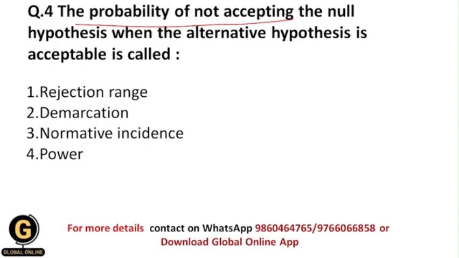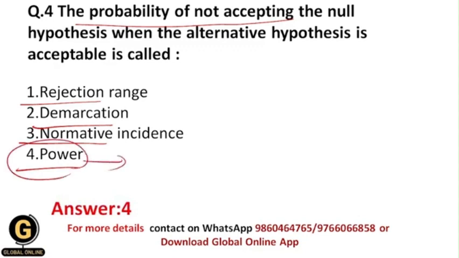So whether it is a rejection range, demarcation, normative incidence, or power, students, your correct answer should be power, because power is the probability of rejecting the null hypothesis when in fact it is false.